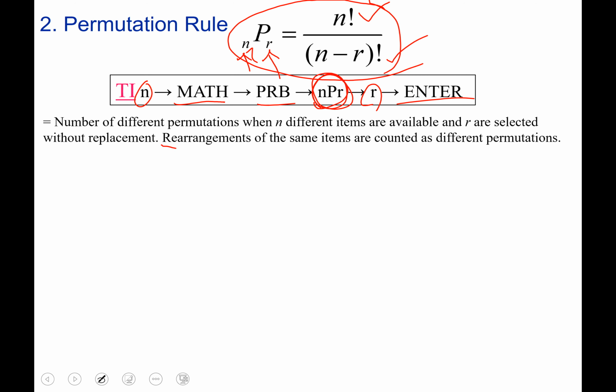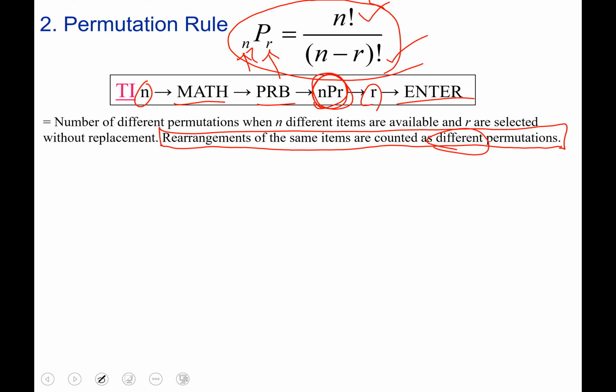And this last line right here is, I would say, one of the more confusing parts when you are trying to differentiate between permutations and combinations. So if you are asked to count the number of permutations, then anytime your items are rearranged in a different order, you count that.